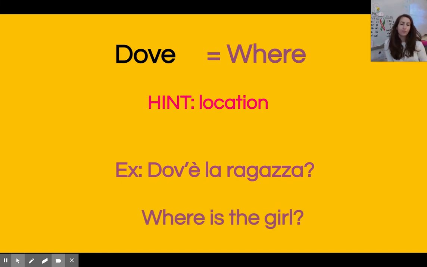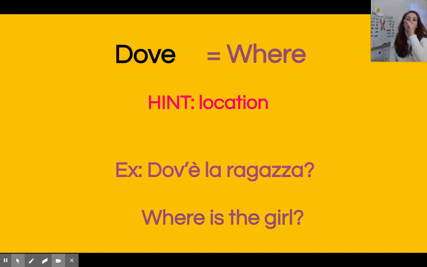Now here, you'll notice that dove up top looks a little different than dov'è la ragazza. The reason it looks un po' diverso, a little different, is because we have a couple of different accent marks, an apostrophe and actually an accent mark over la lettera E, the letter E. Now in Italiano, we don't like too many vowels close to each other.